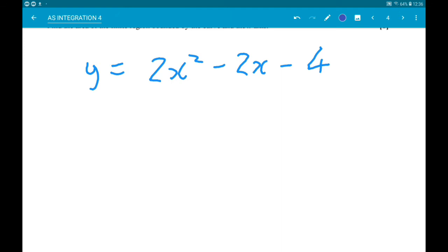Now, there is something to look out for here. Because the area is below the x-axis, it's going to come out as negative. But the area itself is positive because it's a physical quantity. So, let's integrate. And we are doing it between -1 and 2.